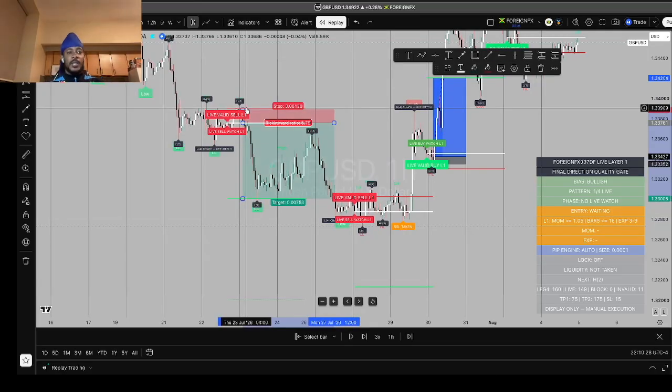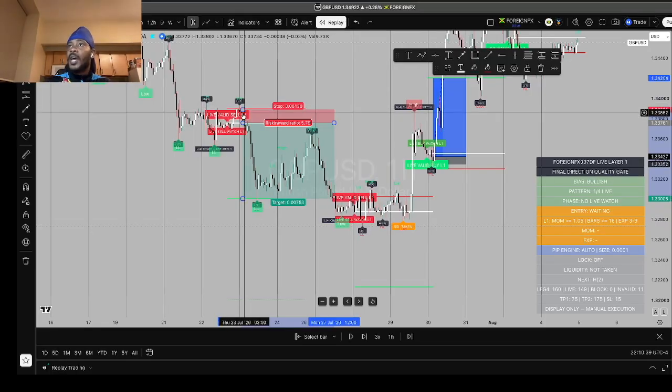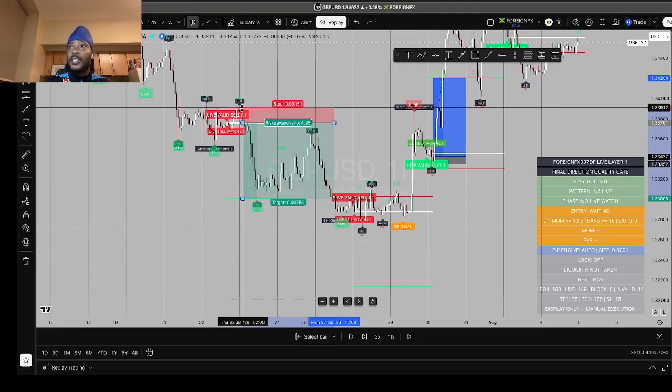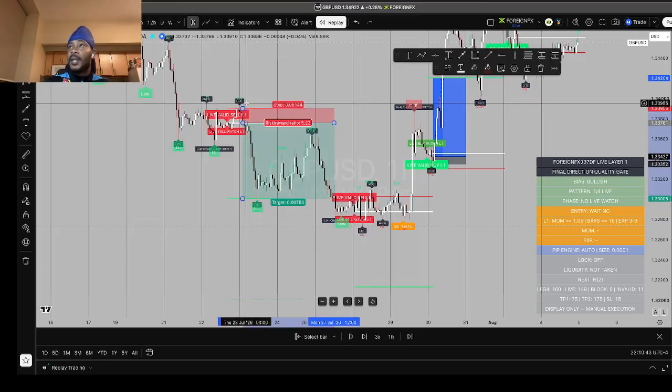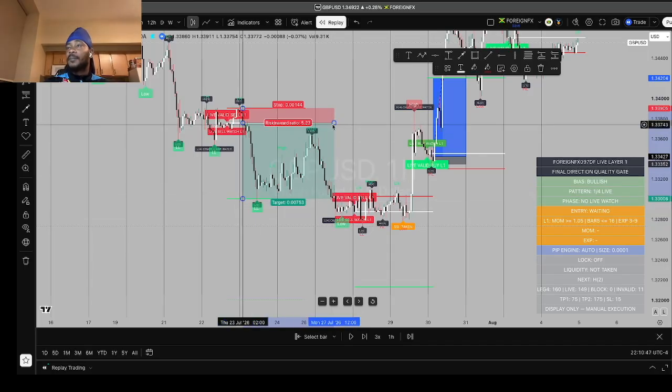So remember I was telling you it has two types of entry. For someone that trades with a bigger stop and you don't want to use a 10 pip stop, it already has a fixed stop, like I said. You have that red line showing you where you should place your stop, where you should exit.